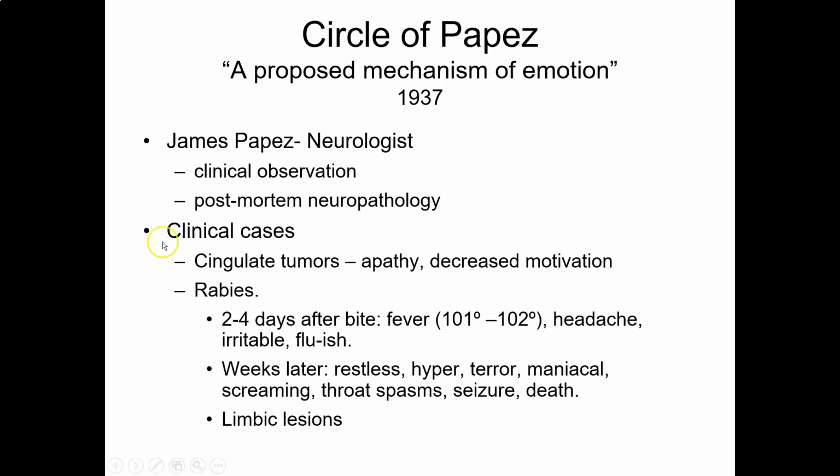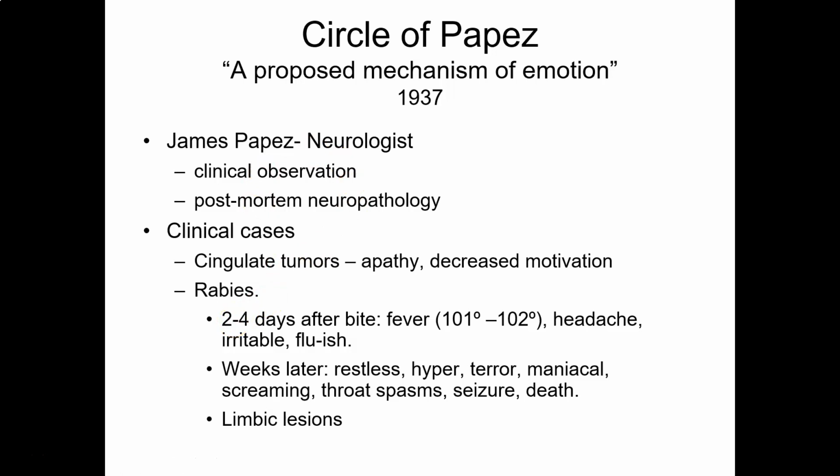So he utilized a combination of clinical observation and examining brains post-mortem. In addition to rabies, he also looked at tumors in the cingulate cortex. What we tend to find with people who have damage to the cingulate cortex is apathy and decreased motivation.